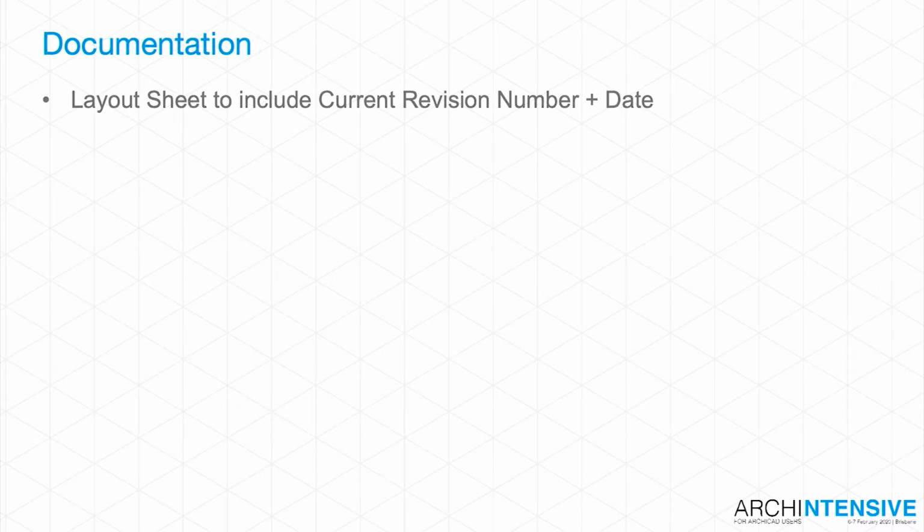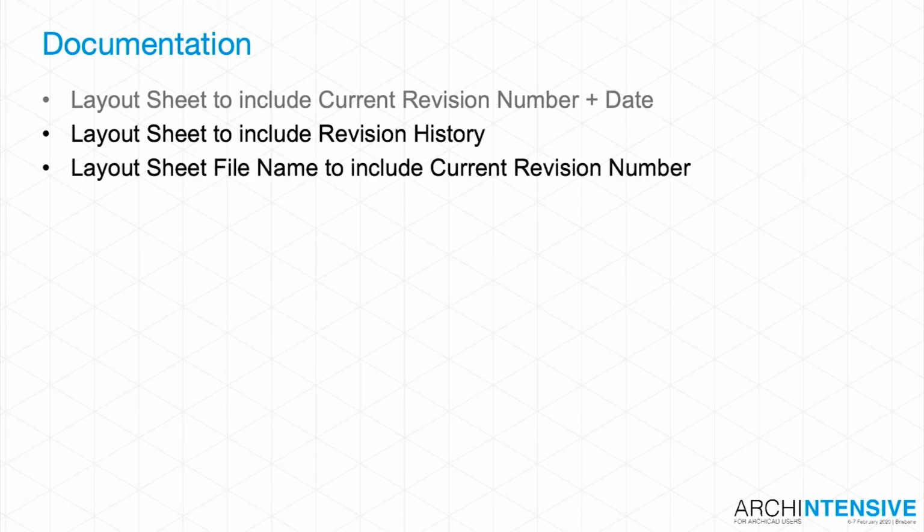Moving into documentation, we might want to maintain those pieces of information from concept design, but then move into including revision history on our title block, okay? We might also want to have our layout sheet naming export with the current revision number.